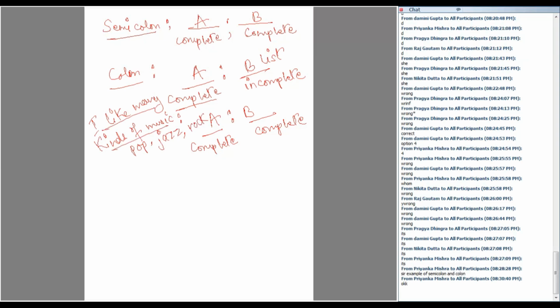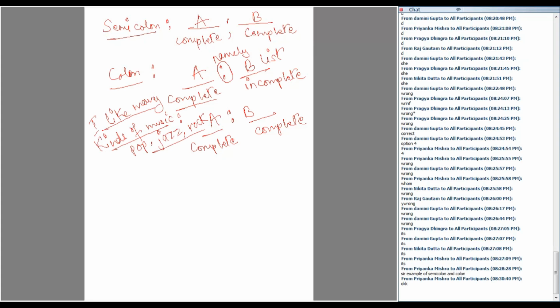Now, the first statement is complete, the second statement is not complete. Generally, people say if instead of this colon you can use the word namely, then you should use a colon. I like many kinds of music, namely pop, jazz, and rock.